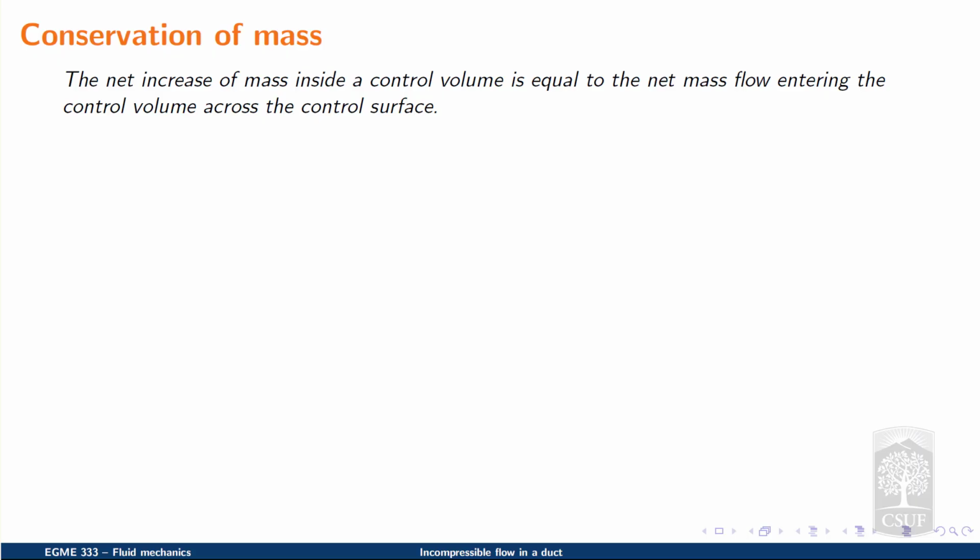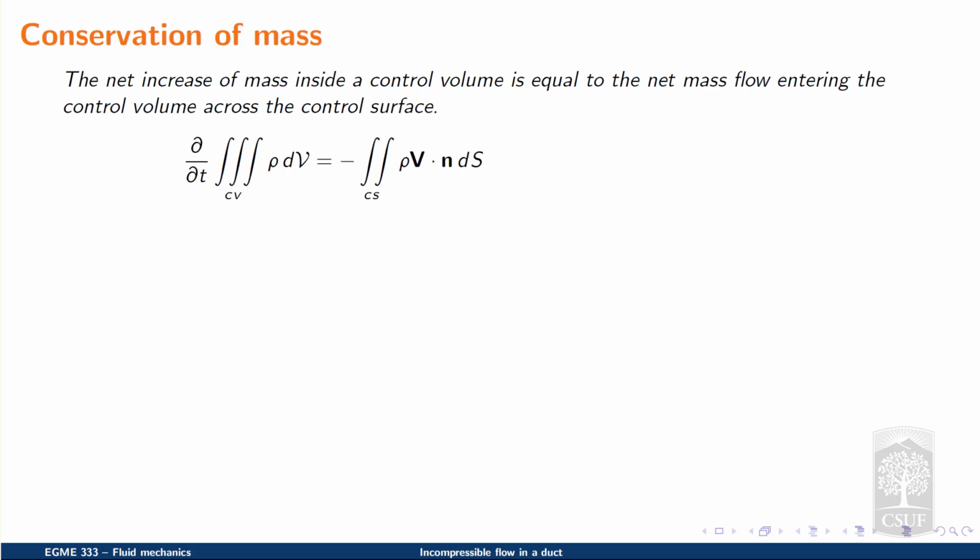The answer to this question comes from the conservation of mass, which, recall, is defined as the net increase of mass inside a control volume is equal to the net mass flow entering the control volume across the control surface.